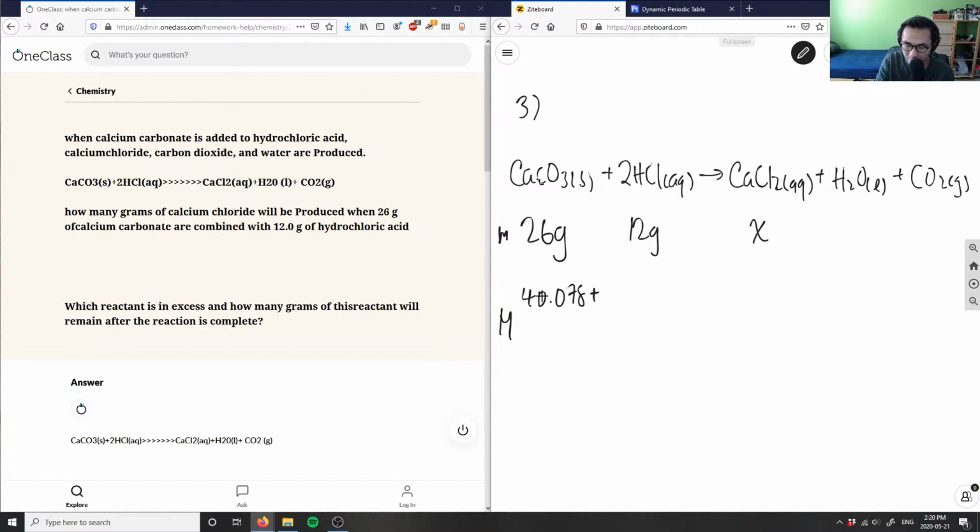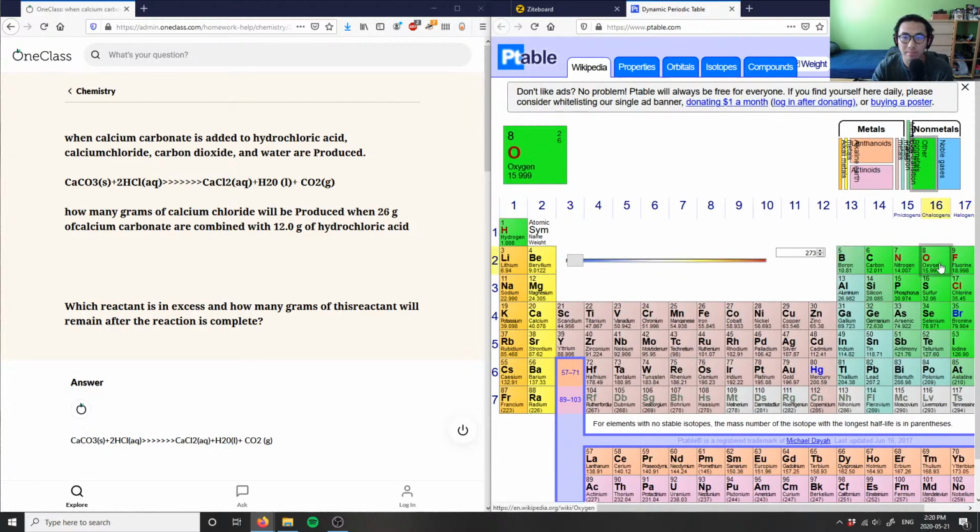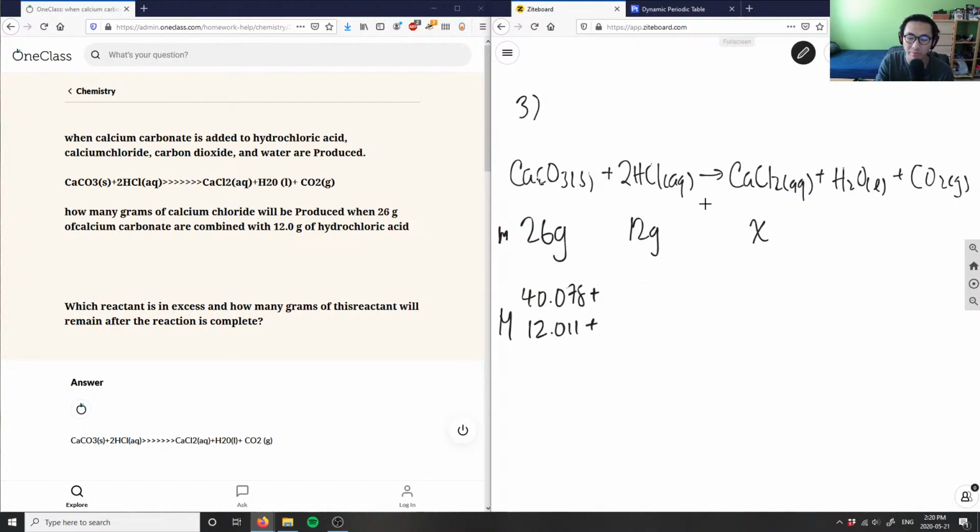12.011 plus, I have 3 oxygens here, so 3 times 15.999 will give me my molar mass here. This is going to equal my molar mass in grams per mole. So this is 40.078 plus 12.011 plus 3 times 15.999.